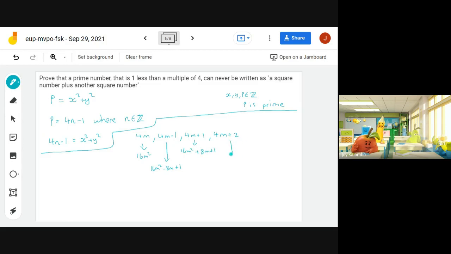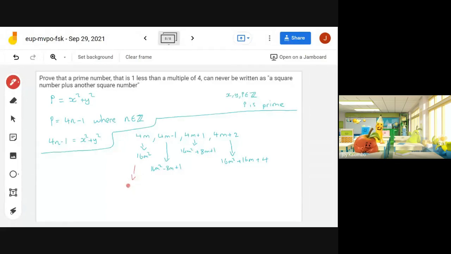And if we square this term, we get 16m squared plus 16m plus 4. Okay, so in this situation, we have a multiple of 4. So 16m squared is a multiple of 4.